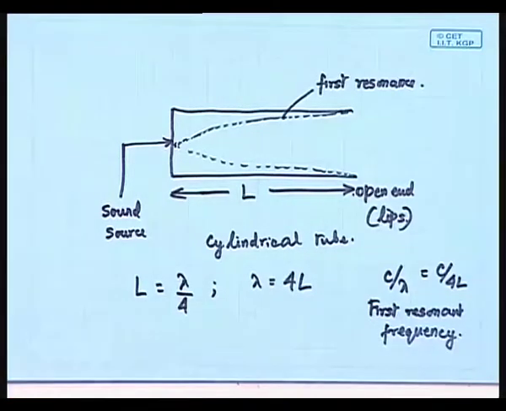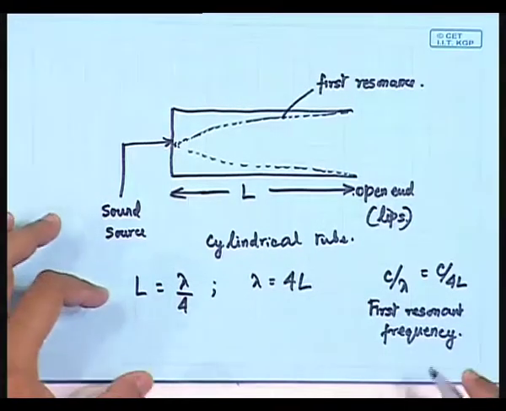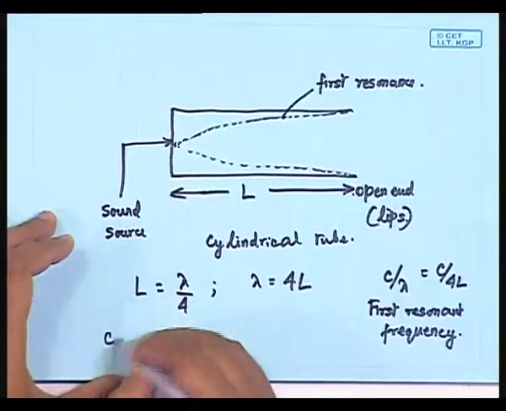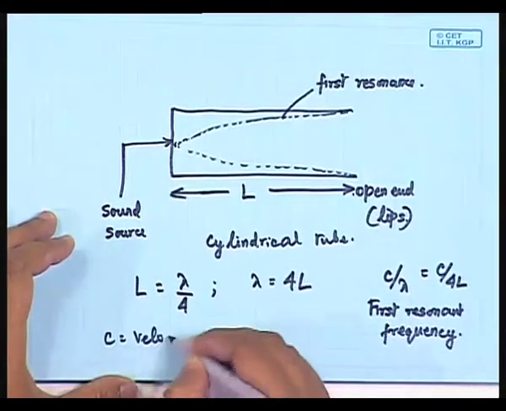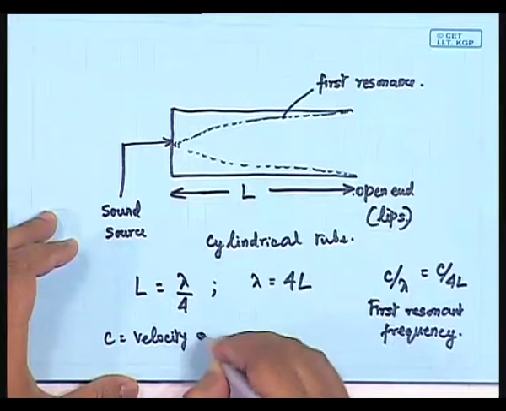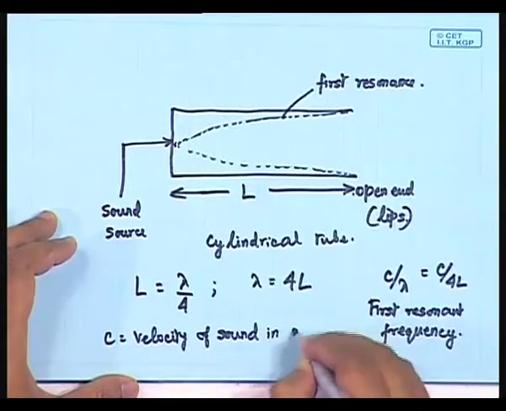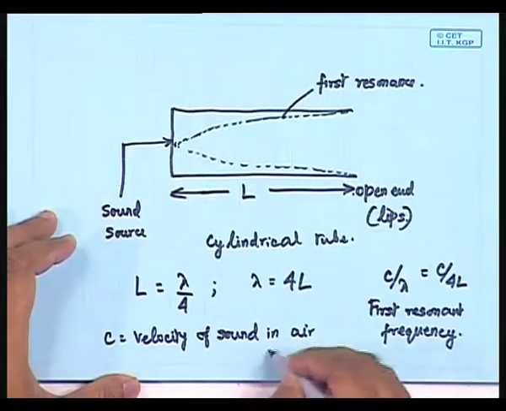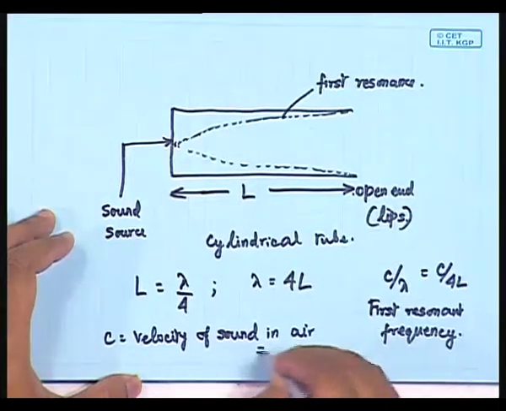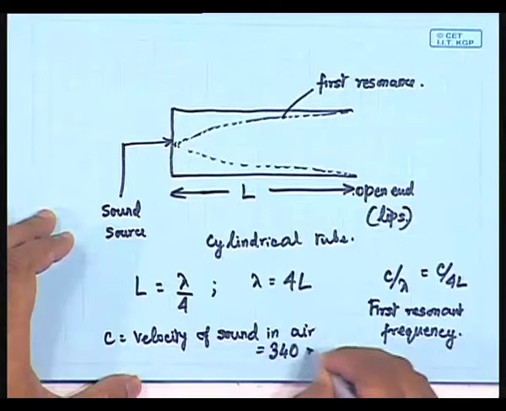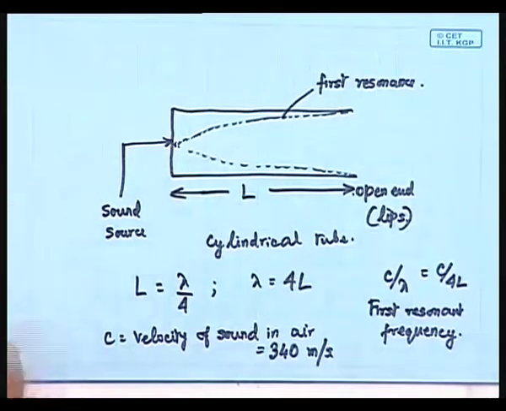Now, some typical values we can put forward. Here C is the velocity of sound in air, and let us take a value equal to 340 meters per second, which is quite a typical value for the velocity of sound in air.